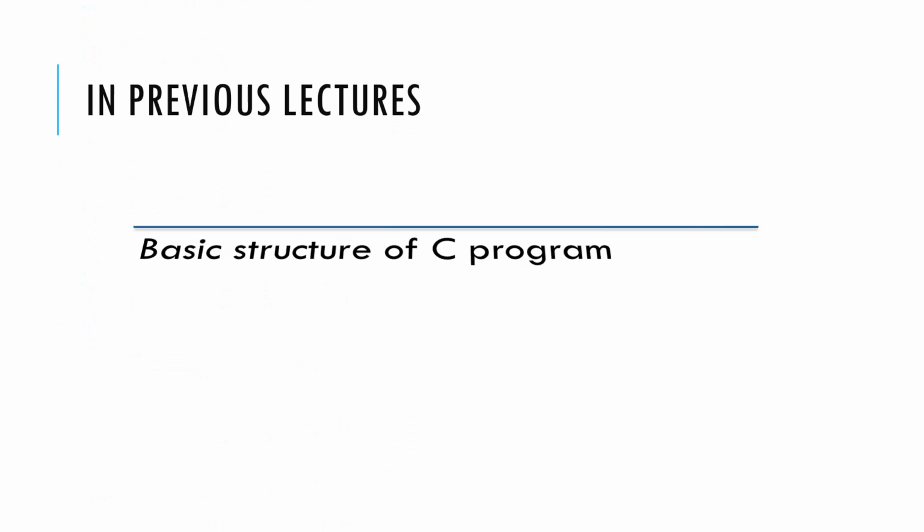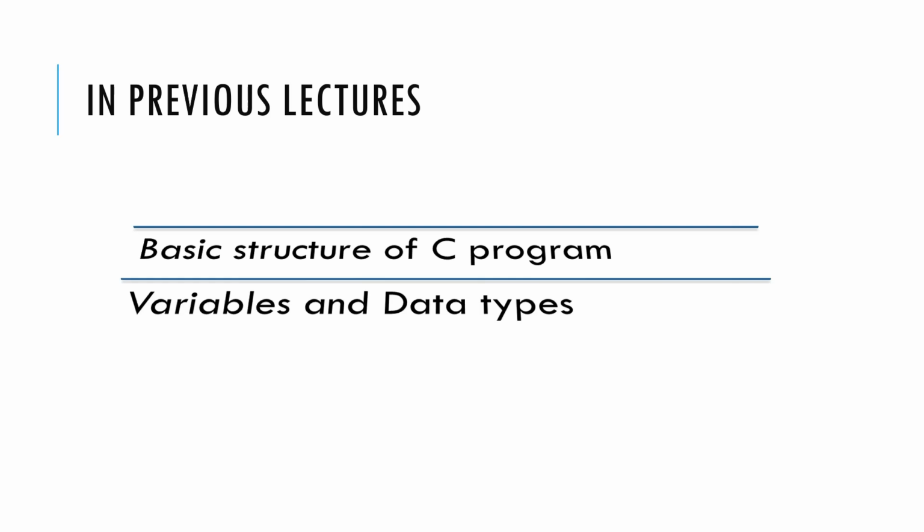So in the previous lectures, we talked about the basic structure of a C program, in which we talked about the input-output streams, and then using namespaces, and then the main function. Then we talked about the different kinds of variables and data types: int, float, double, the character data type, then short and long.